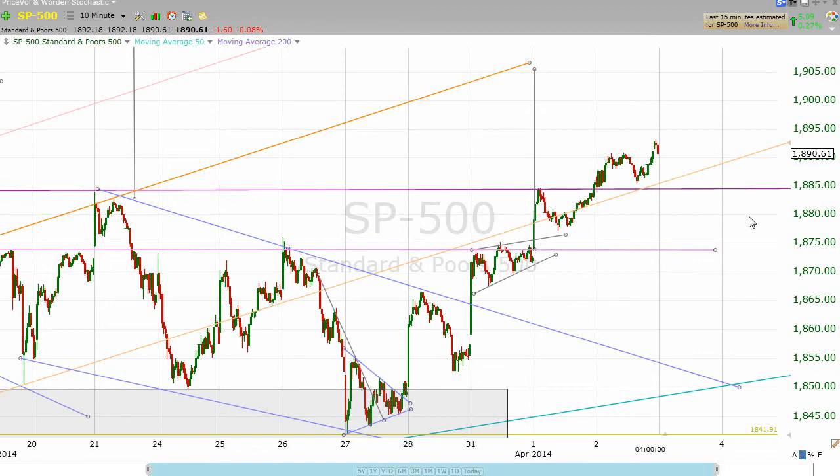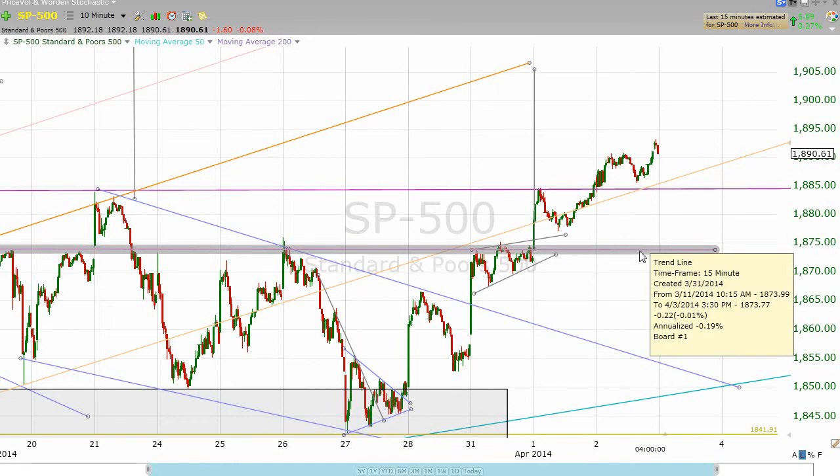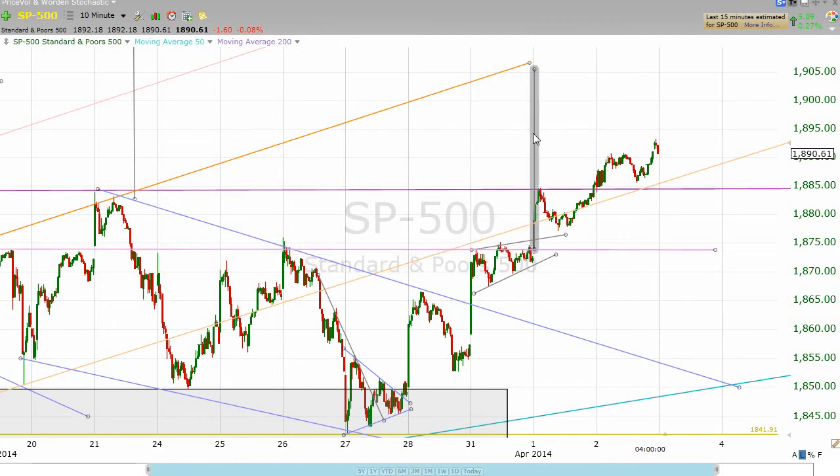I'm reminding you now that based upon using this highlighted line right here as a neckline, we have a minimum target once we got over 1874.